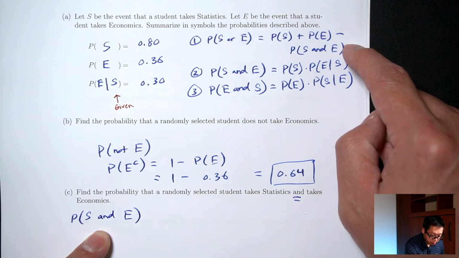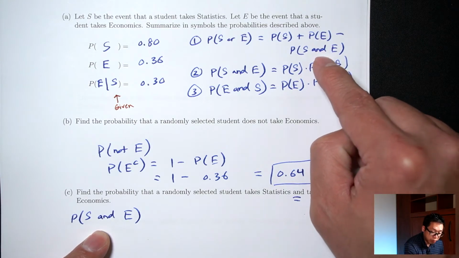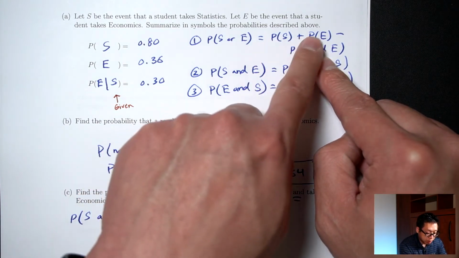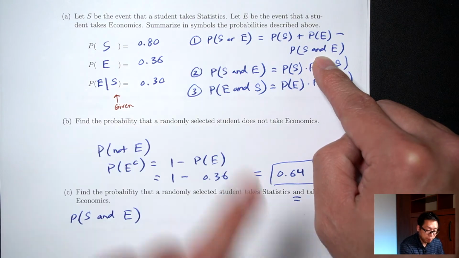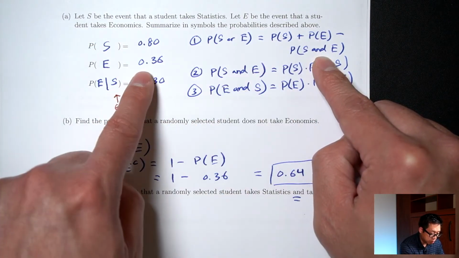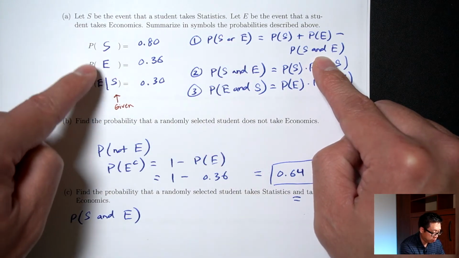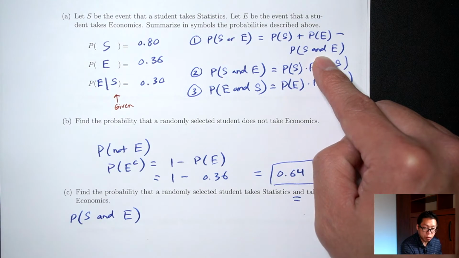I see it right there in equation 1, but can I use equation 1? In order to use the equation, I have to know everything else. I'm looking for S and E. I would need P of S, P of E, and P of S or E. I have P of S, it's 0.8. I have P of E, it's 0.36. Do I have S or E? I don't, which means I can't use equation 1.